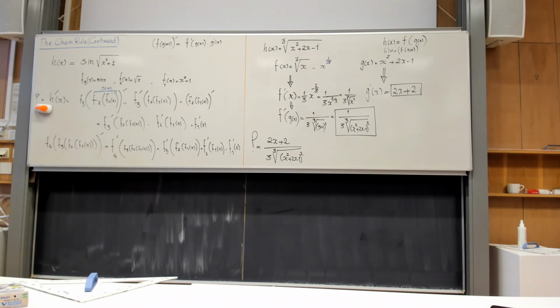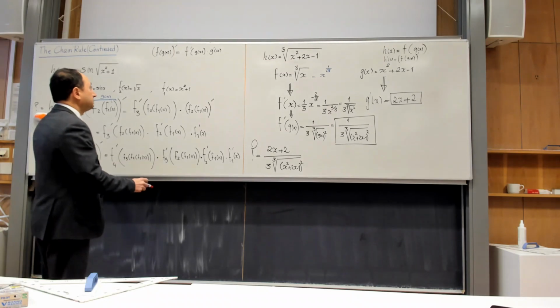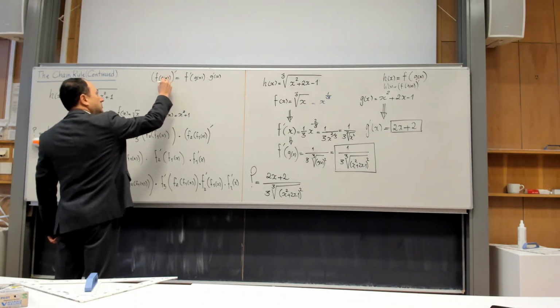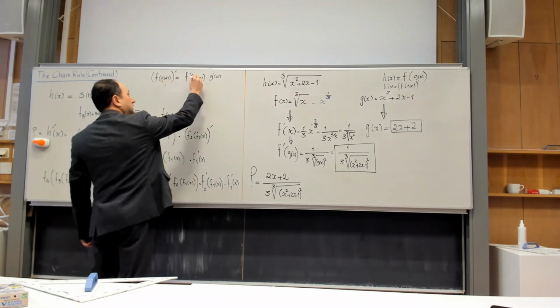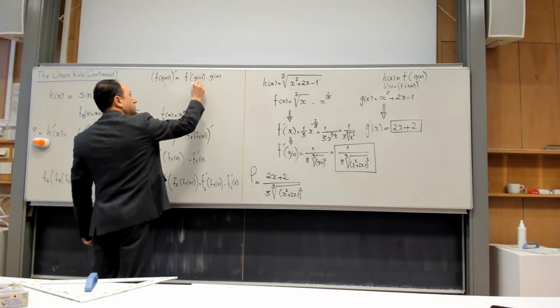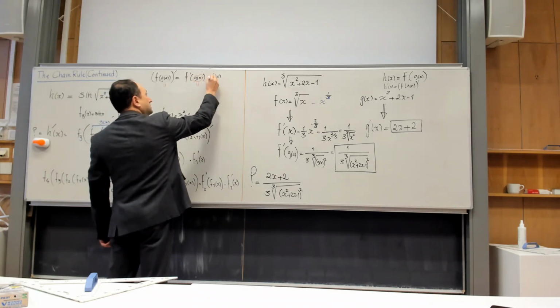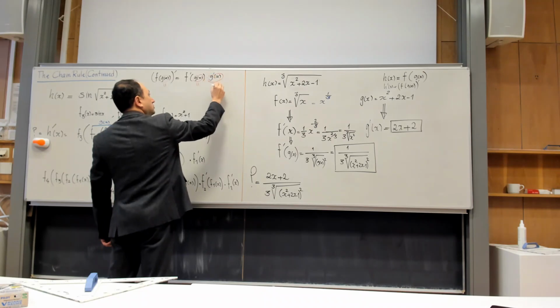Okay, now let me tell you how to do it a little bit faster. That's exactly the same formula. What I'm telling you is that in your head, you can call g of x a variable, call it u. And then here, g of x becomes u, and this becomes u prime, the whole package.